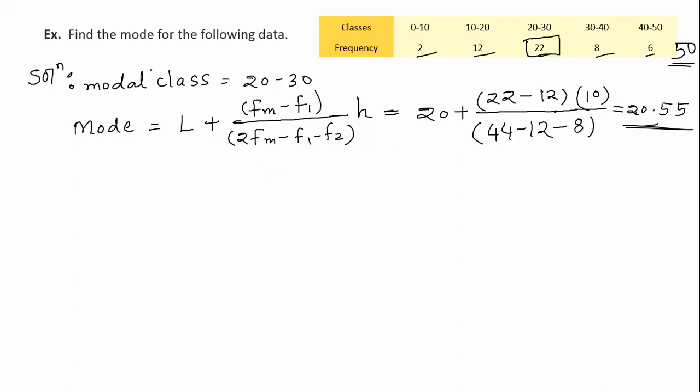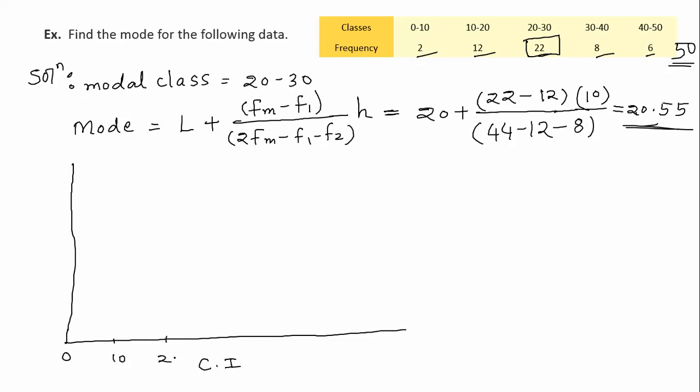And one more thing, even though it is not told, we have used an explicit formula to evaluate the mode, and here I'll be finding the mode by the graphical method also. For that we have to draw a graph, and you have to tell me what the name of the graph is. So here class intervals will be along the x-axis: 0, 10, 20, 30, 40, and 50.